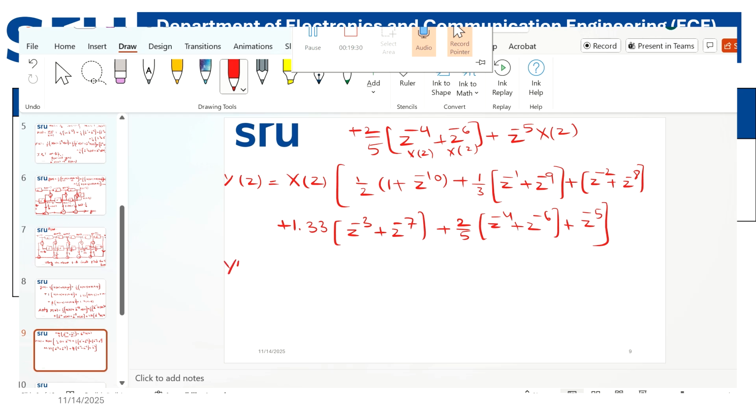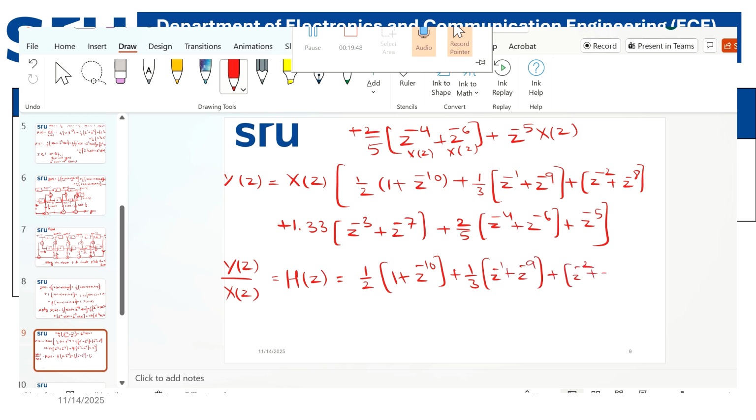So therefore I have y of z by x of z, that is our transfer function h of z, equal to 1 by 3, 1 plus z power minus 10 plus 1 by 5, and the remaining factors I am writing as they are.